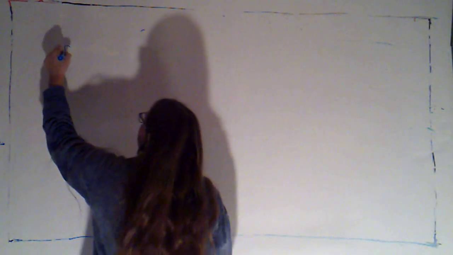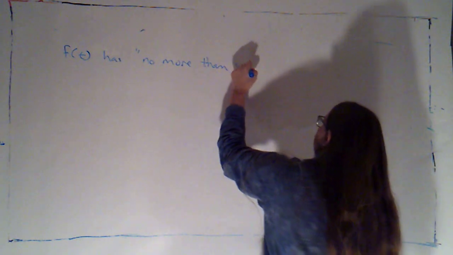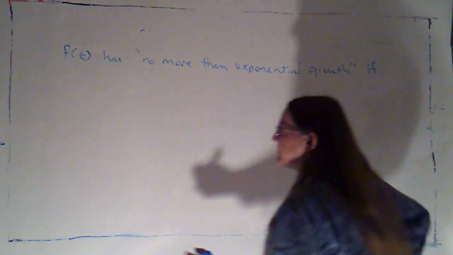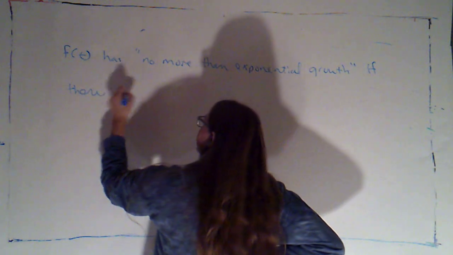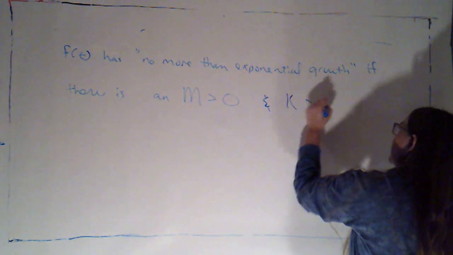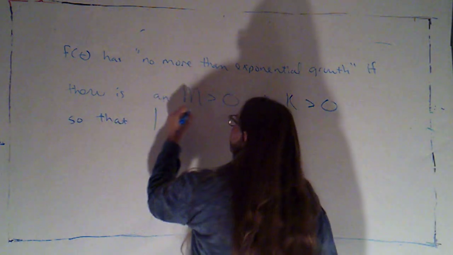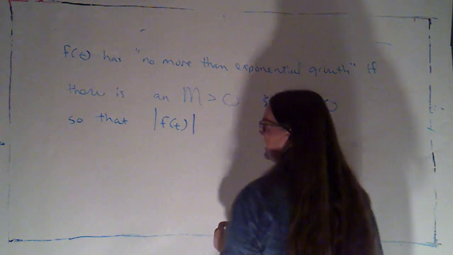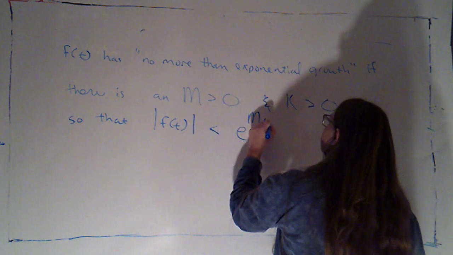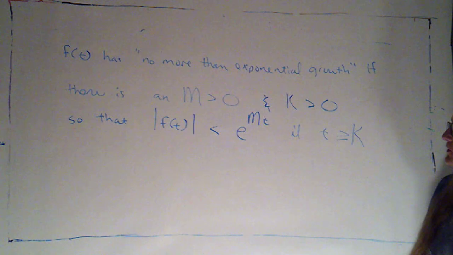Okay, so f of t has no more than exponential growth if there is a positive number m, a number m bigger than 0, and a number k, which is also bigger than 0, so that the absolute value of f of t is less than e to the m times t if t is bigger than or equal to k.